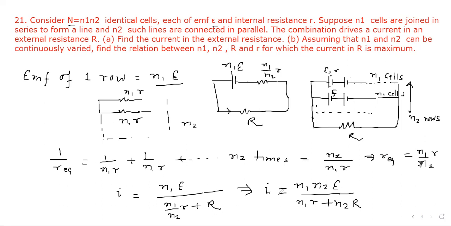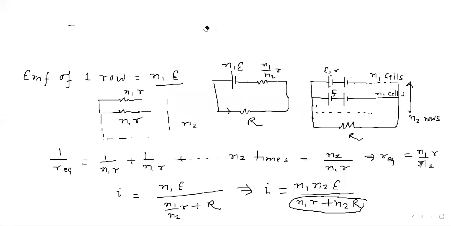So, in order to make the current maximum, the denominator should be least. So, in order to make it least, let's do some calculations.